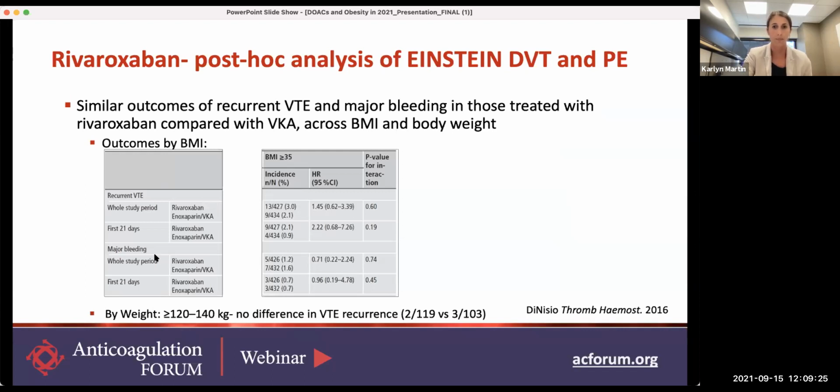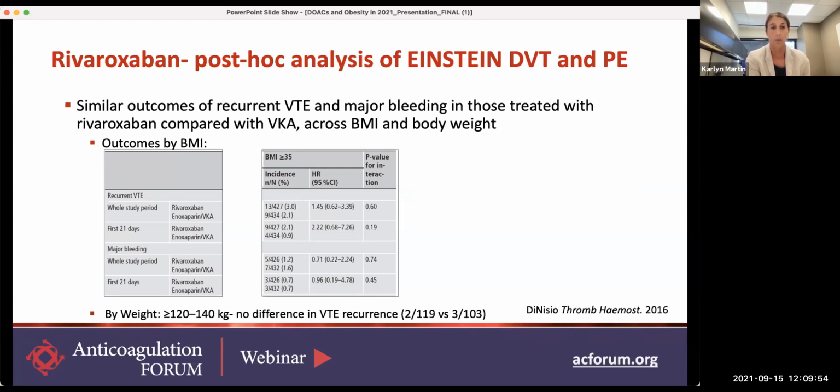You can see here that the hazard ratios are similar for recurrent VTE with confidence intervals that cross 1, so non-significant, with no significant difference in recurrent VTE between the rivaroxaban arm and the VKA arm. Similarly, there was no significant change in the rates of major bleeding with rivaroxaban compared with vitamin K antagonists.